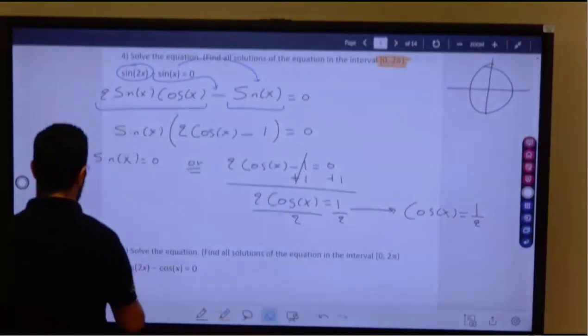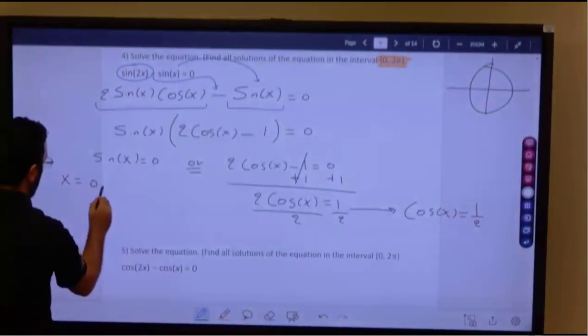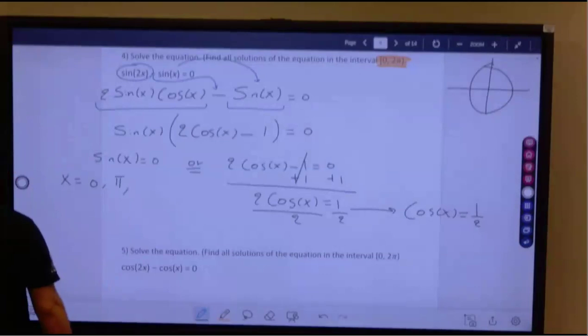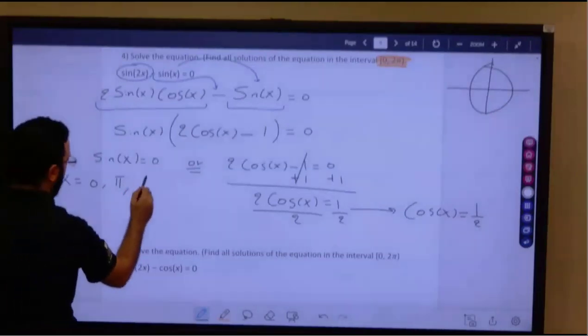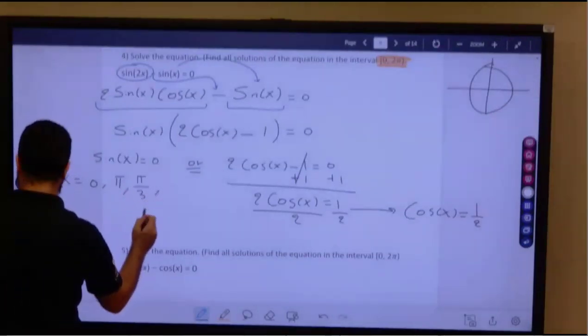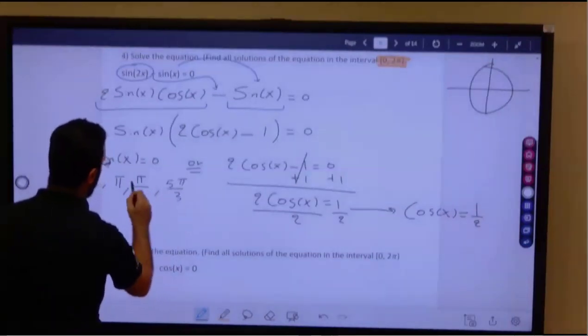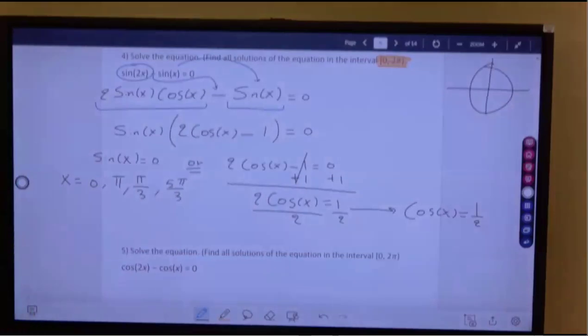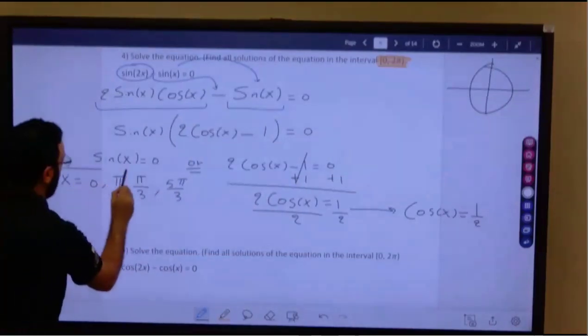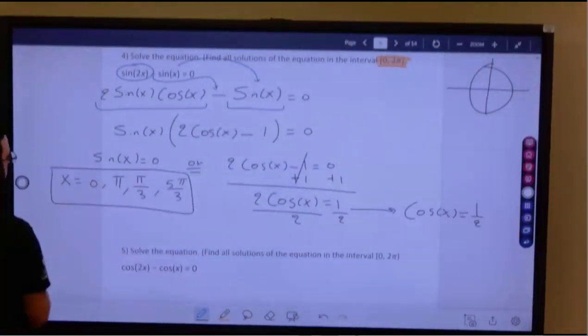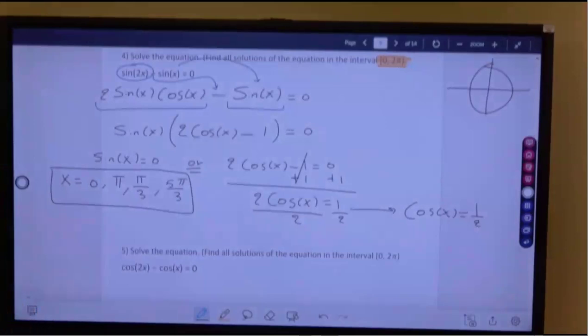If you go back to the circle, the result is going to be pi over 3 and 5 pi over 3. So the solution is going to be 0, pi, pi over 3, and 5 pi over 3. That's it for this example.